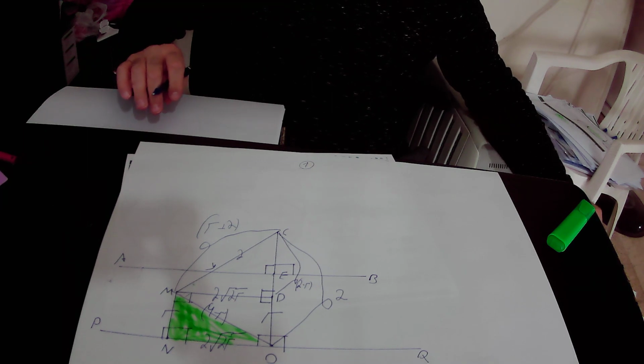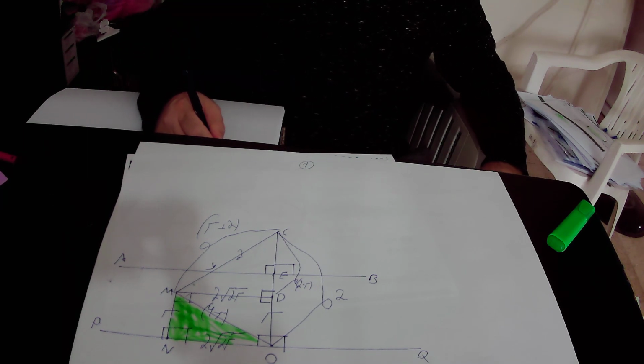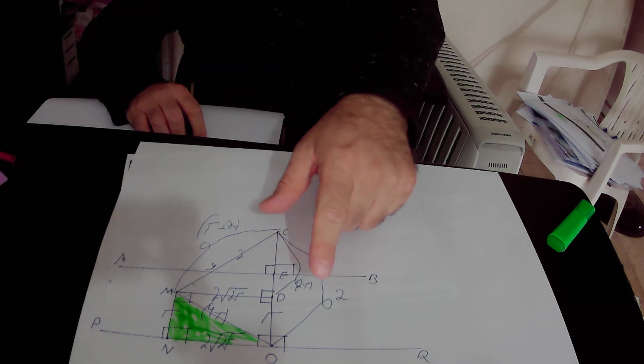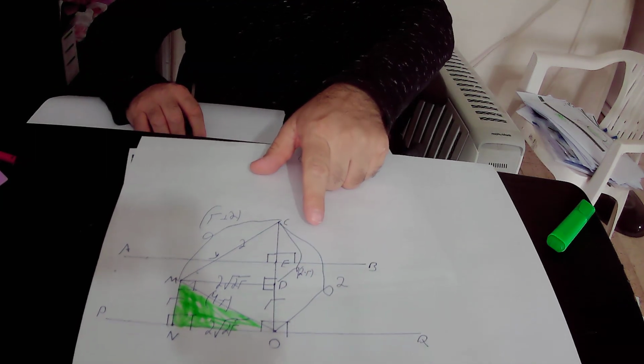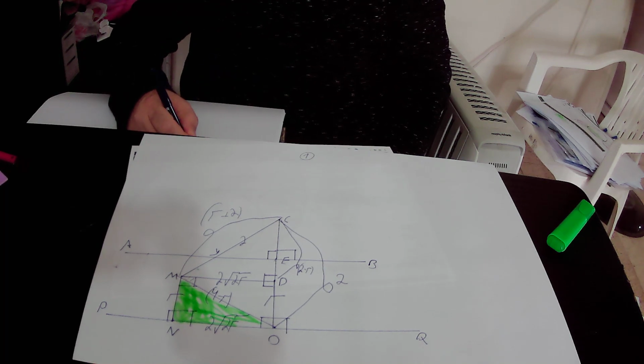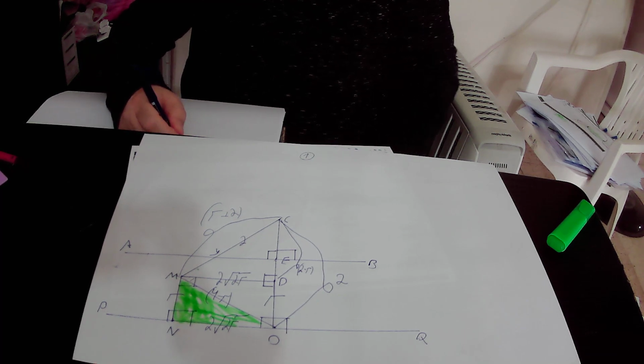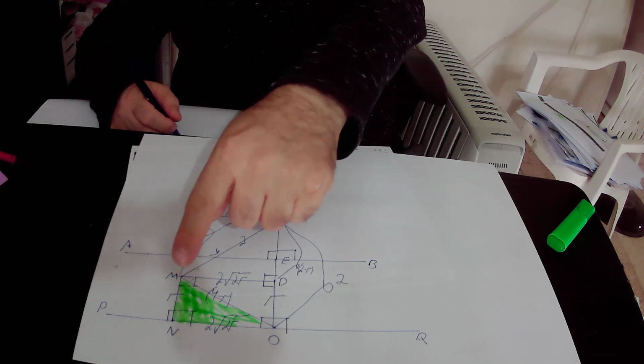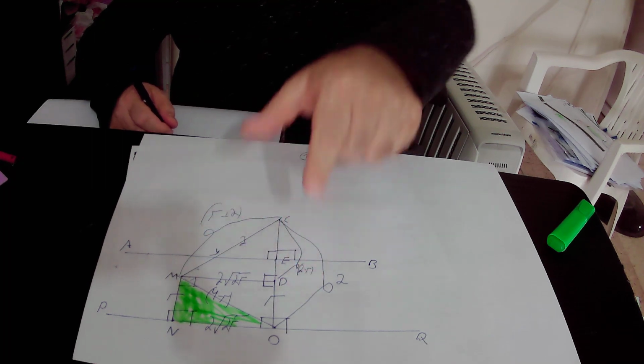So the hypotenuse in the green triangle is MO, therefore the square of the hypotenuse is MO squared, and it equals the sum of the squares of the perpendiculars, that is to say MN squared plus NO squared.